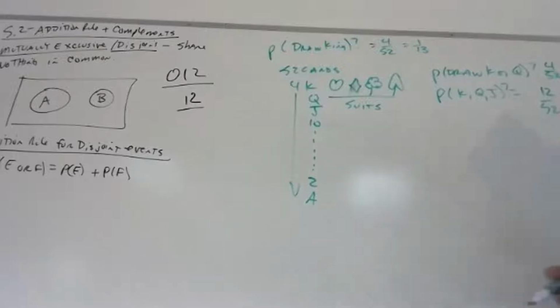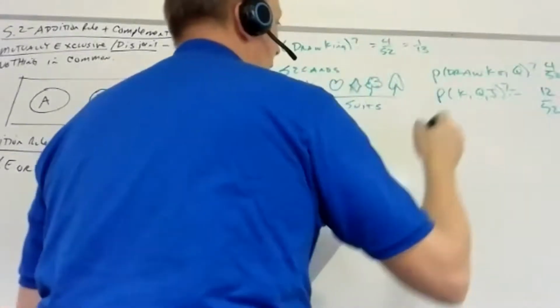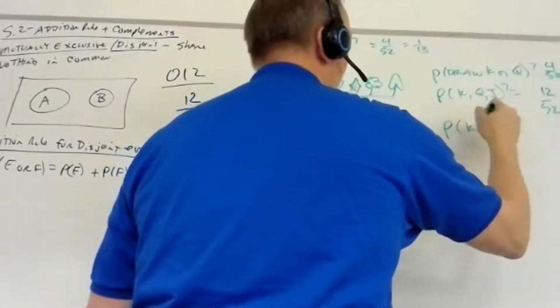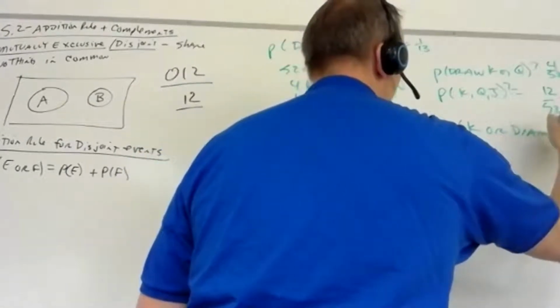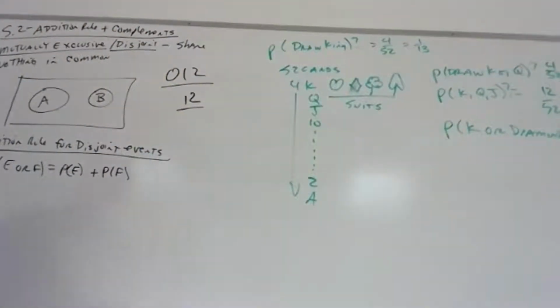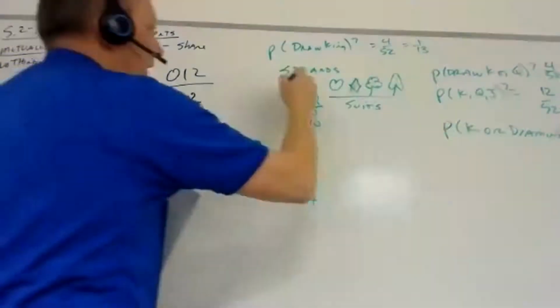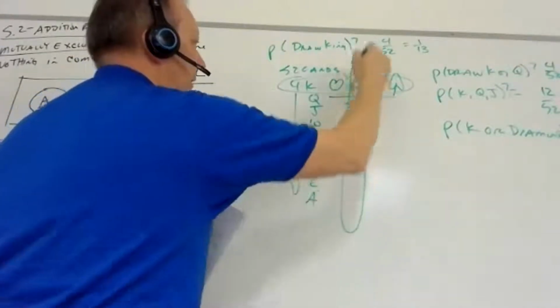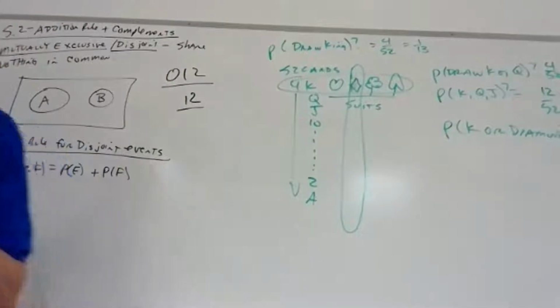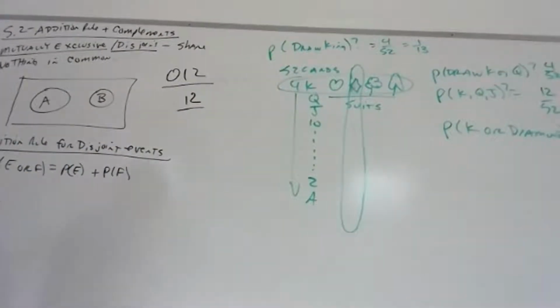Now, here's a trick question for you. What's the probability of drawing a king or a diamond? Now, let's think about this. I've got 4 kings, right? And I've also got a boatload of diamonds. What do you notice that I've circled there? I circled the king of diamonds twice, right?